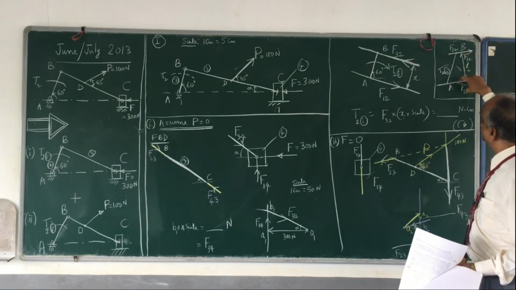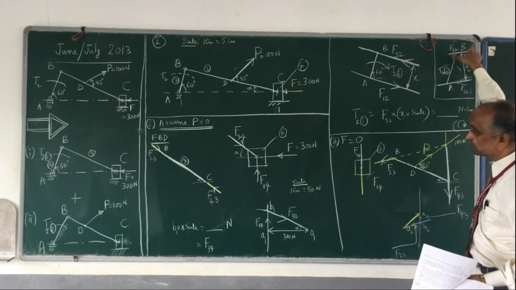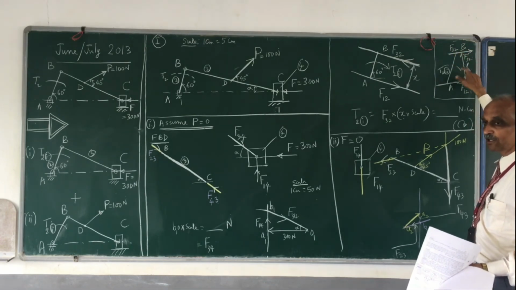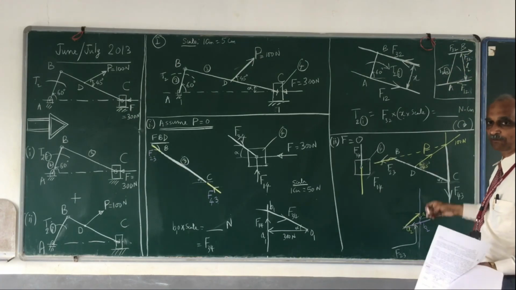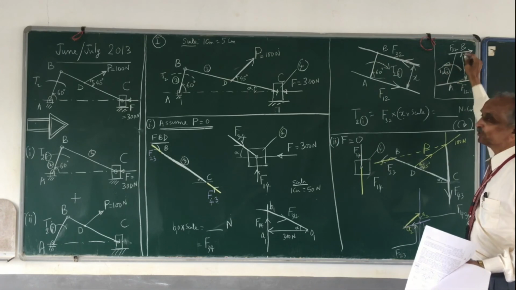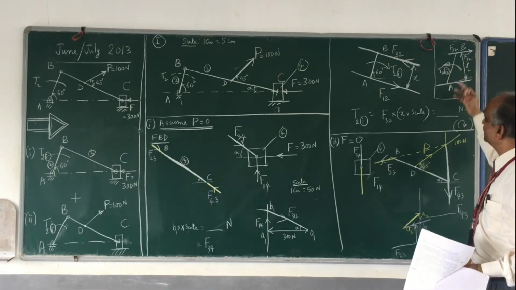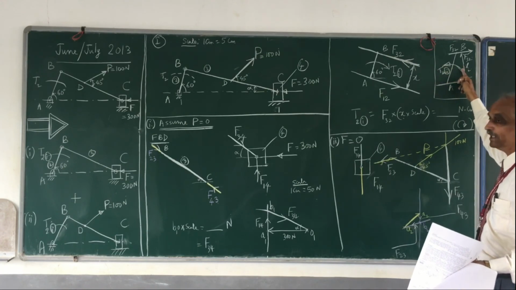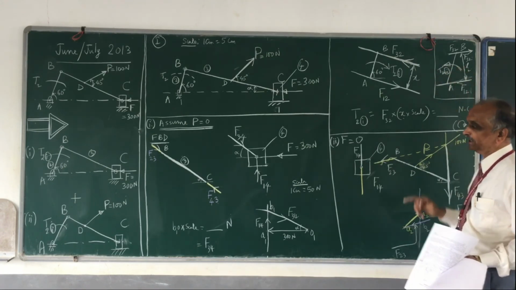This F32 and F12 form a clockwise moment. And if your T22 also is clockwise, then it will not remain in equilibrium. Therefore, T22 must be exactly opposite to this. Therefore, T22 is anti-clockwise.